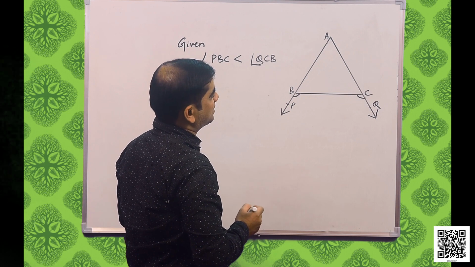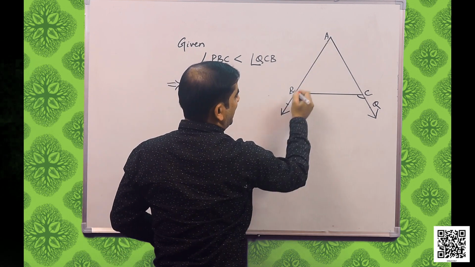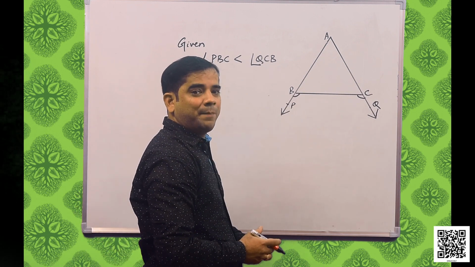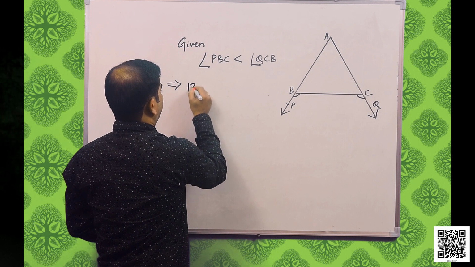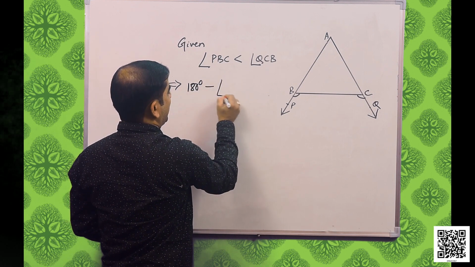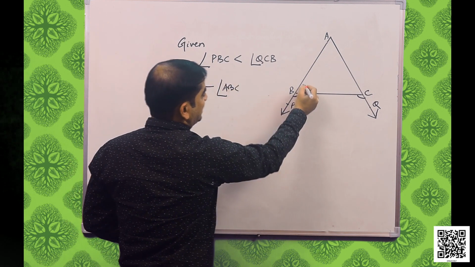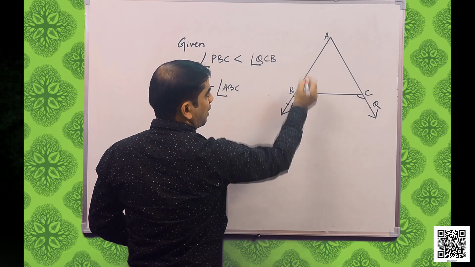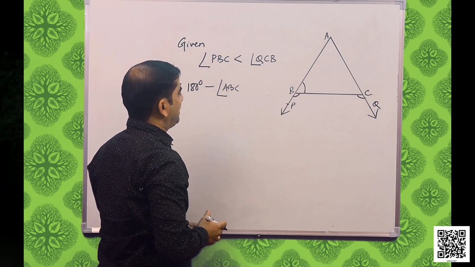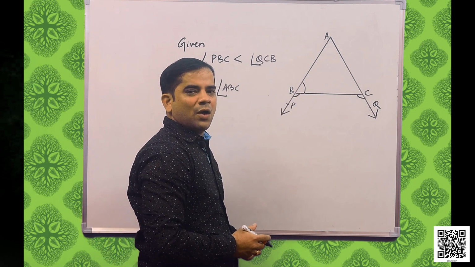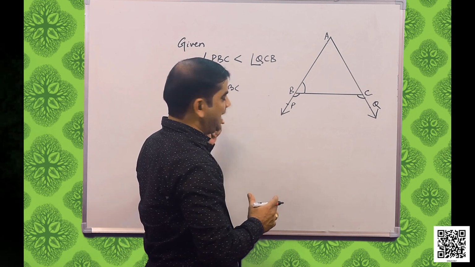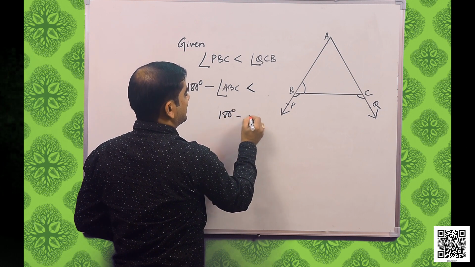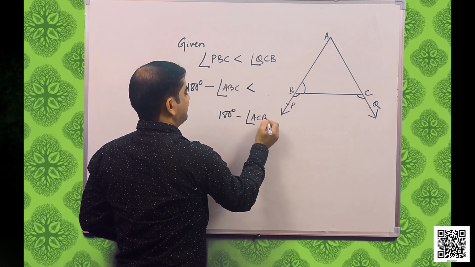Why 180 degree minus angle ABC? Because angle ABC and angle PBC, they form a linear pair. So if I subtract this angle ABC from 180 degree, I will get angle PBC, isn't it? So 180 degree minus angle ABC is smaller than 180 degree minus angle ACB.